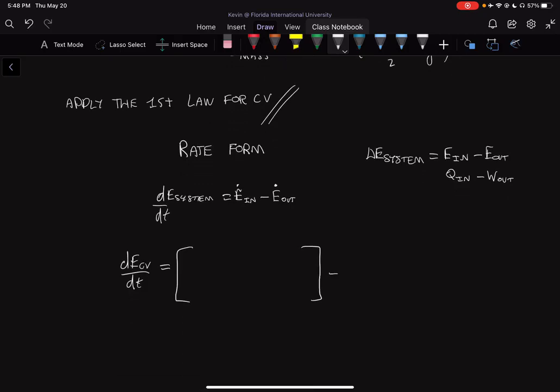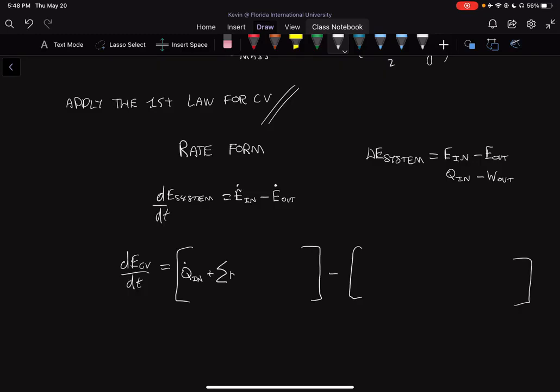So what is coming into our system? So into our system, we always assume that Q is into our system. If we get a negative, we know that it's out of our system. So plus, now we're going to have to take into account the energy associated with the mass coming in.